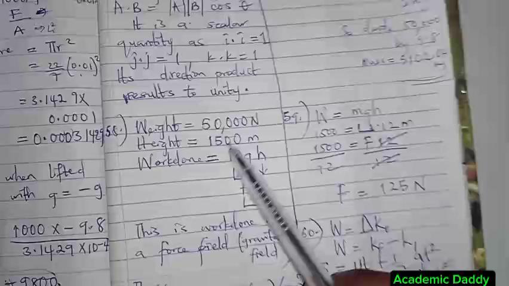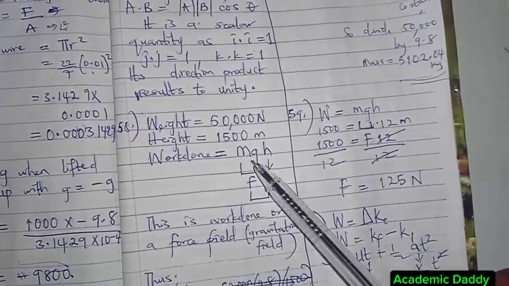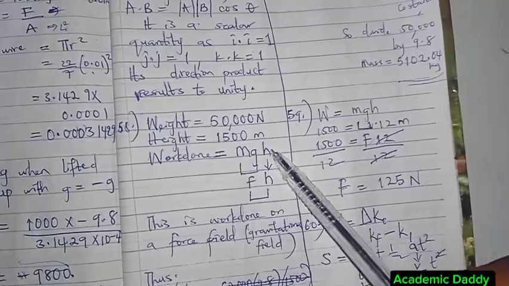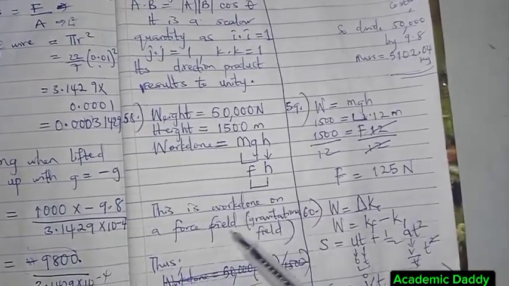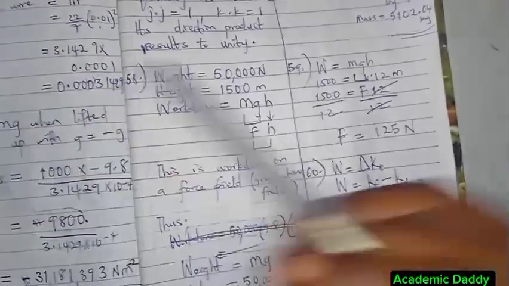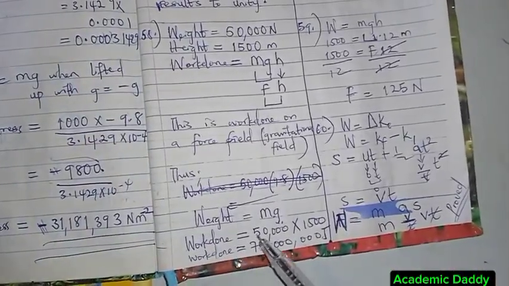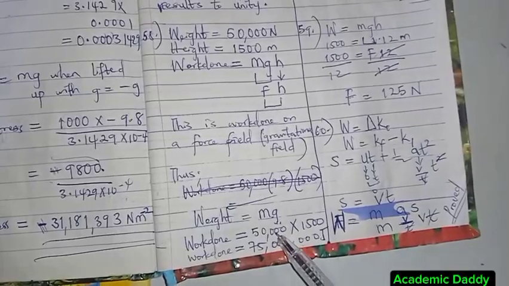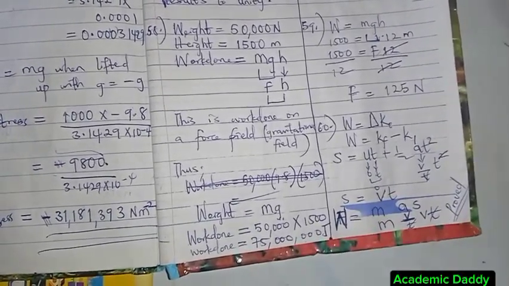So weight is 50,000, height is 15 meters. So work done is going to be weight times height. And you know that weight is mg, so it's the same thing as saying force times height. This is work done in a force field, the gravitational field. Thus, work done equals 50,000, that is the weight, times 15, which gives you 750,000 joules. That is the work done.